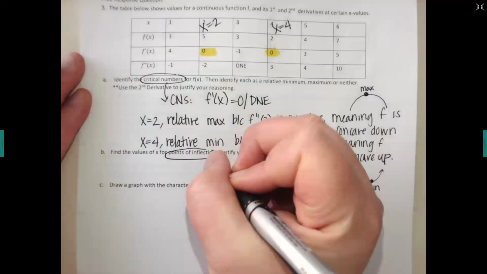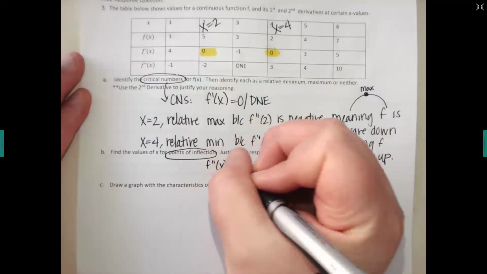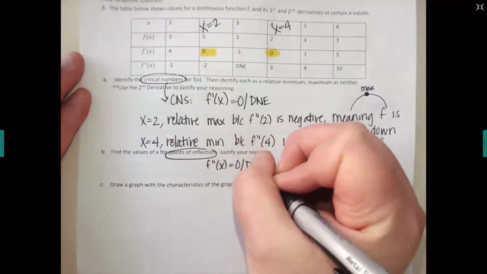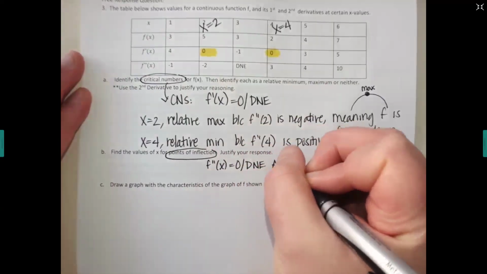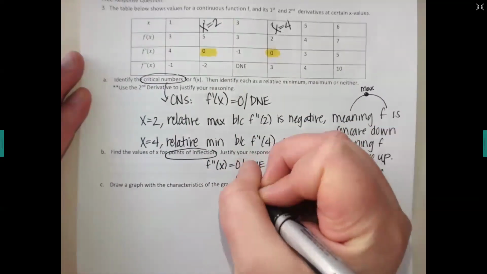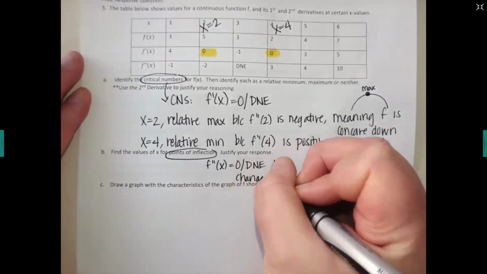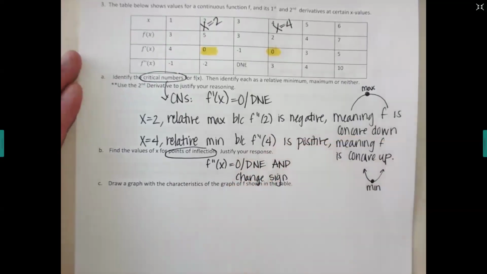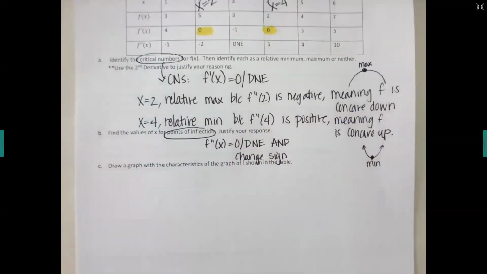So I want F double prime of X to equal 0 or DNE and change sign. Because if you remember from those notes, an inflection point means that your curve is changing from being concave up to down or down to up, but there does have to be a concavity change.